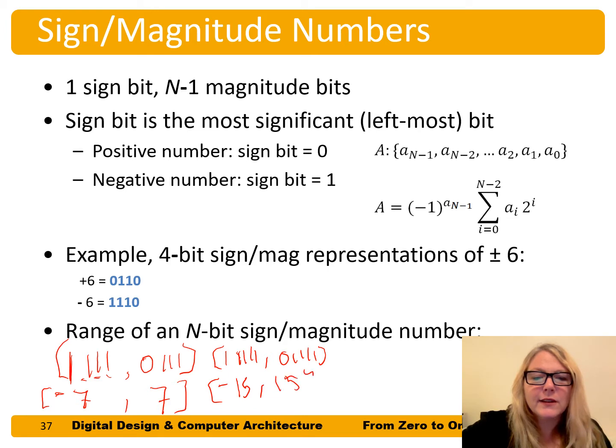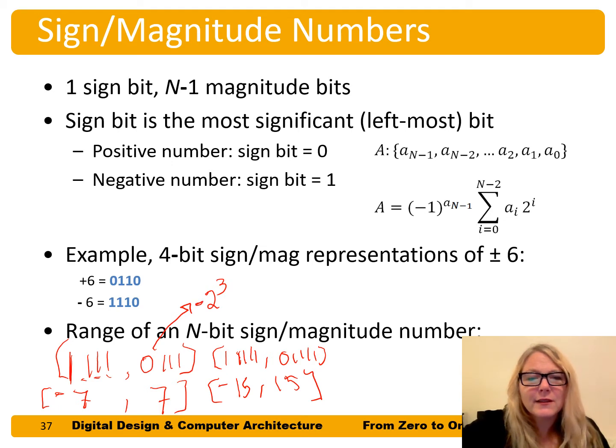So we see a pattern here. With our 4-bit signed magnitude number, the most negative number is close to minus 2 to the 4, but it's actually 2 to the 3 minus 1, and then we put a negative sign on that.